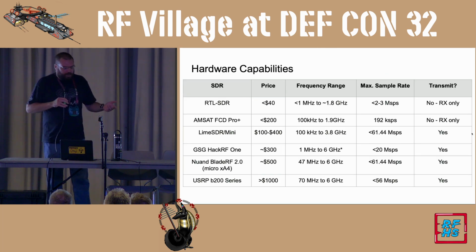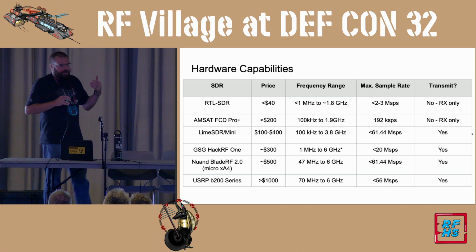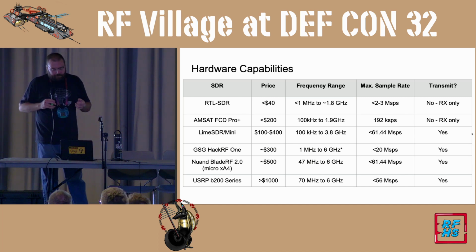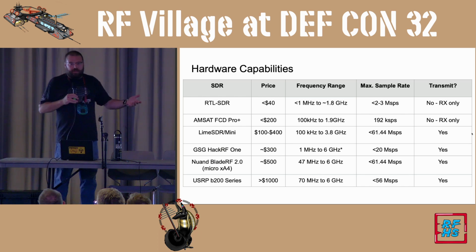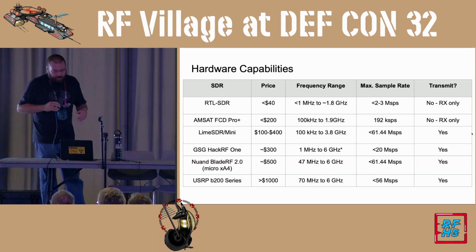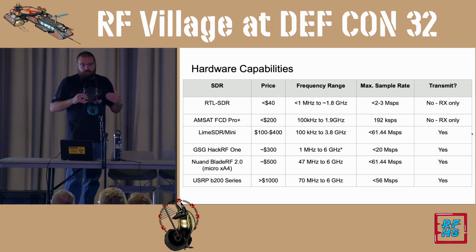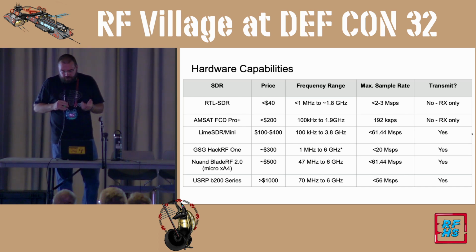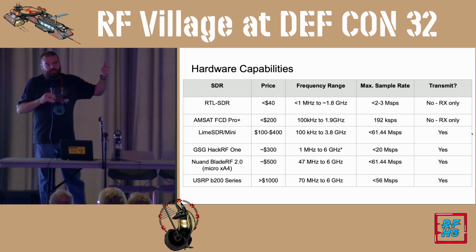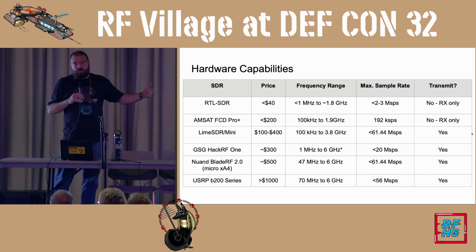More in the table here to show you the full comparison. One of the things the RTL SDR gives you, which we'll see more in the software, is lower cost, lower sample rate. We'll cover that in a minute. But all of these SDRs we used at one point for the challenges. What you'll notice here, starting with the far right, is RTL SDRs don't give you transmit.